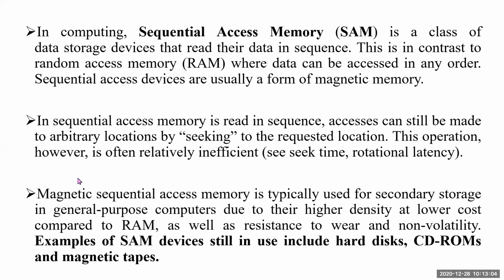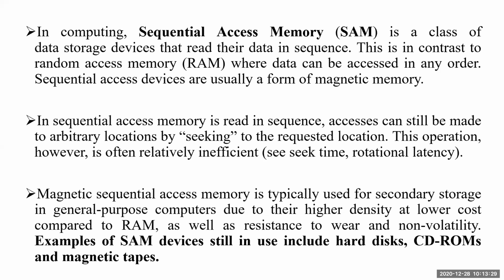This operation, however, is often relatively inefficient because it needs some seek time, and after that, rotational latency takes place. Magnetic sequential access memory is typically used for secondary storage purposes in general purpose registers.